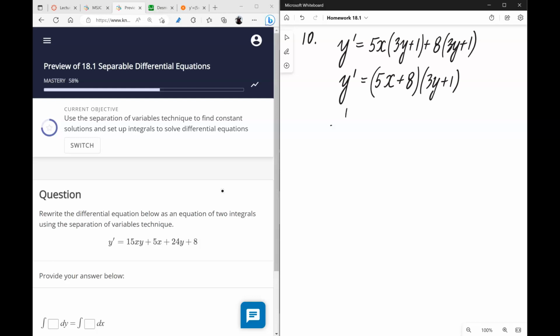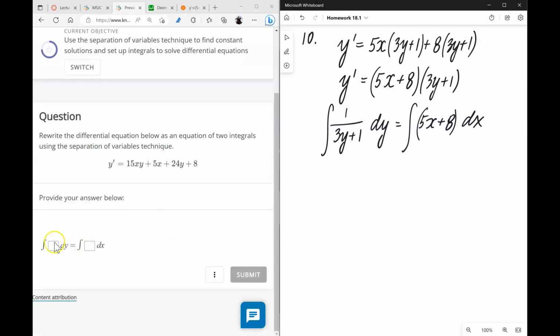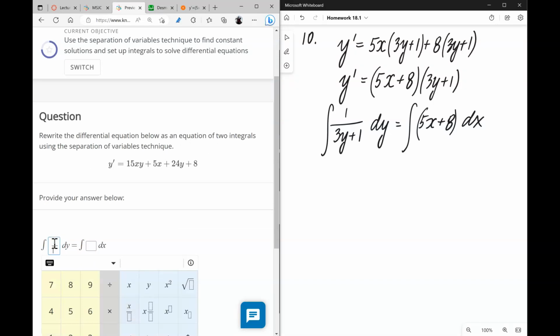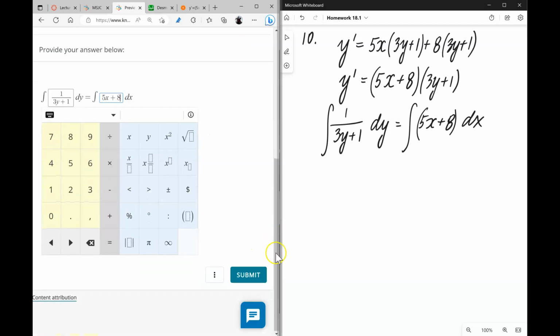And then we separate the variables, so we get 1 over 3y plus 1 dy is equal to 5x plus 8 dx. And this is the setup, and we are not asked to actually solve it. So let's not solve it. Let's just write what it's asking us to write. And this is the answer.